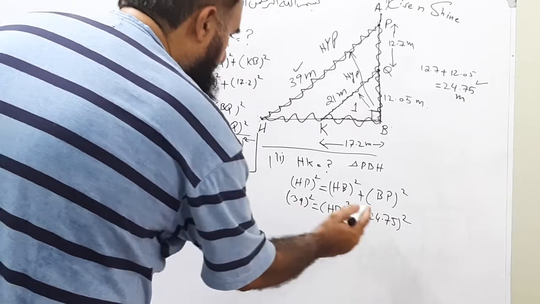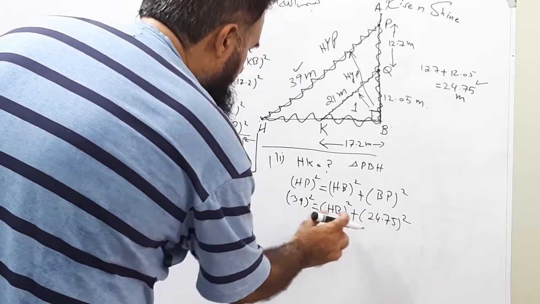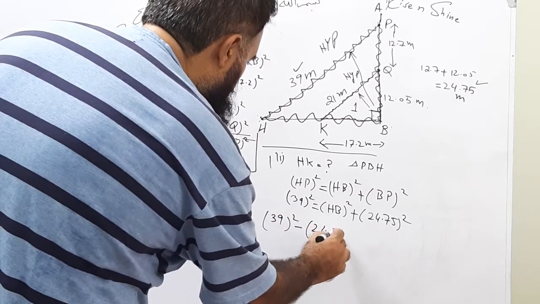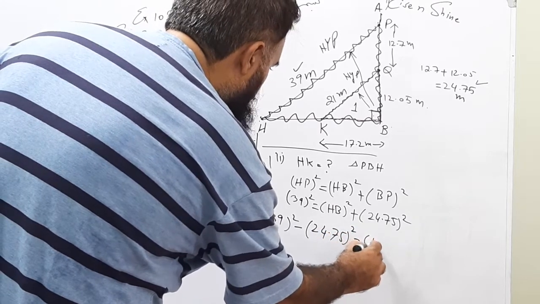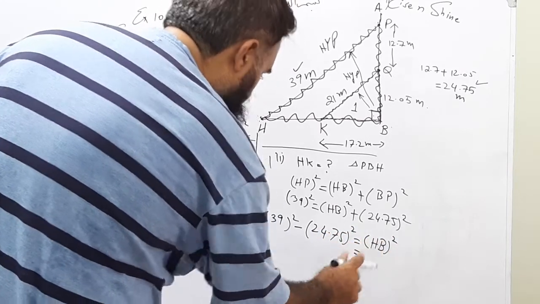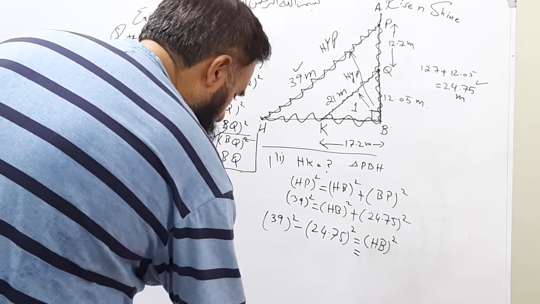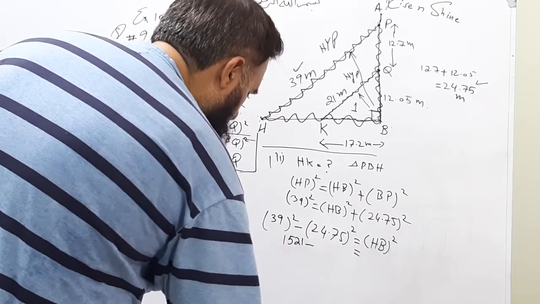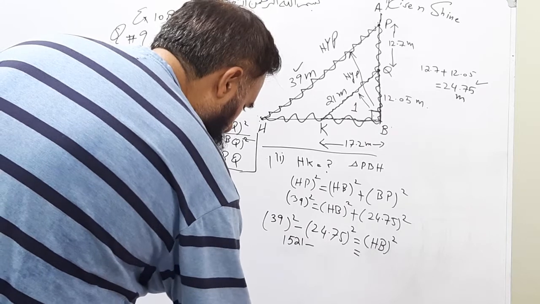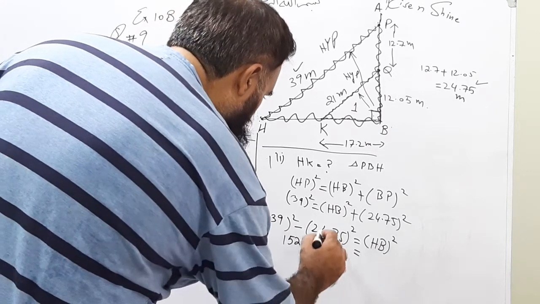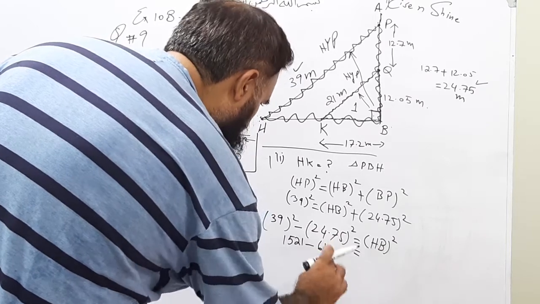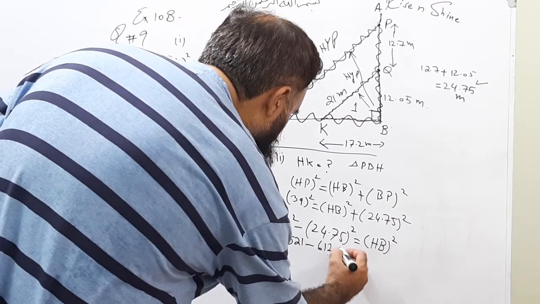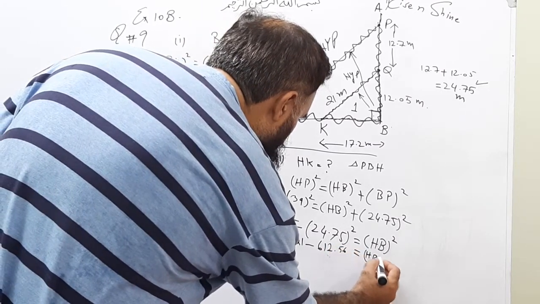So we'll take it to the other side of the equation, so it will be subtracted because it is being added here. It becomes 39 square minus 24.75 square is equal to HB square. We'll put the values. 1521 minus 24.75 square, 612.56 is equal to HB square.